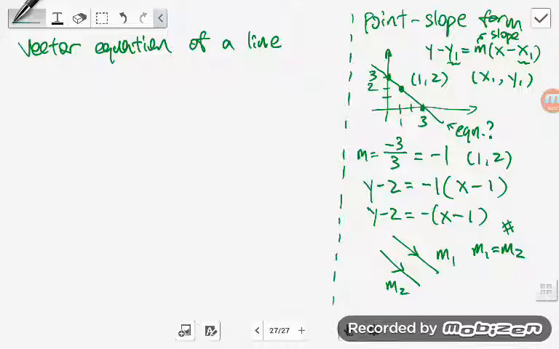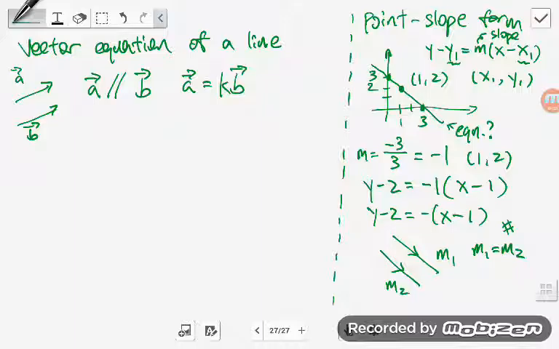Now, in terms of vectors, if two vectors are parallel, so this is my vector A, this is my vector B, then vector A is parallel to vector B if I can write them like this, with a k value in the front. k can be any positive or negative real number. Now we are going to use pretty much the same concept to figure out the vector equation of a line.